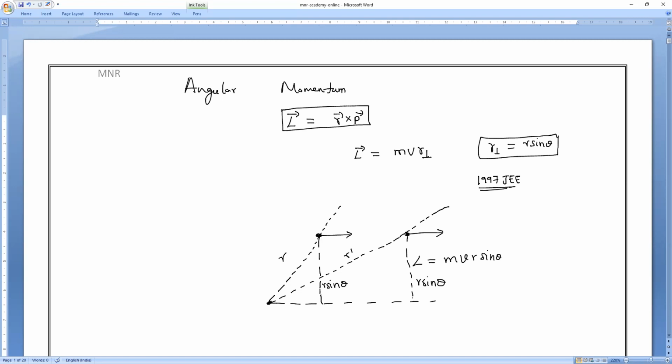When a particle is moving with a constant velocity, L is equal to m v r sin theta, which is equal to m v r perpendicular. This r perpendicular, which is r sin theta, we have considered as d. That distance, r perpendicular, always remains equal.